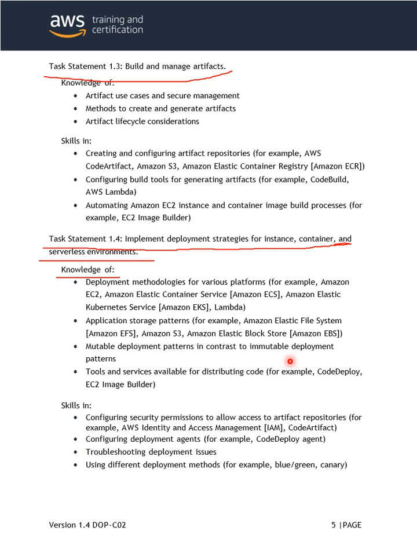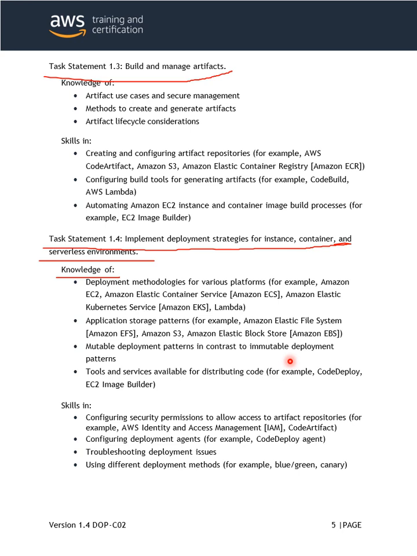We have the ECR. So when you work on containers, use the ECR service. How you generate artifacts. So you have CodeBuild and AWS Lambda.